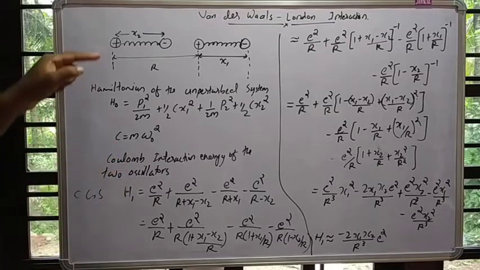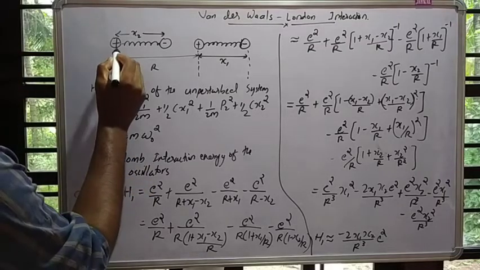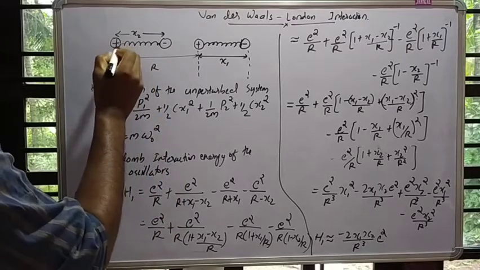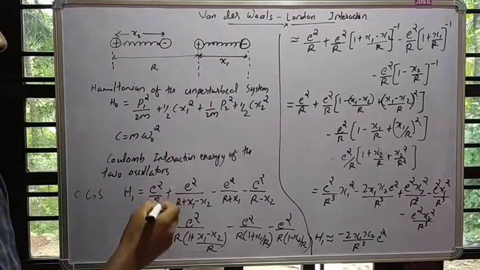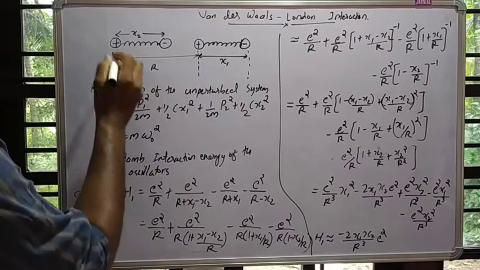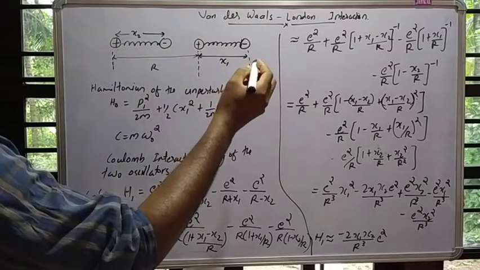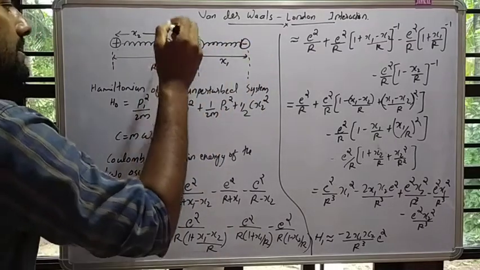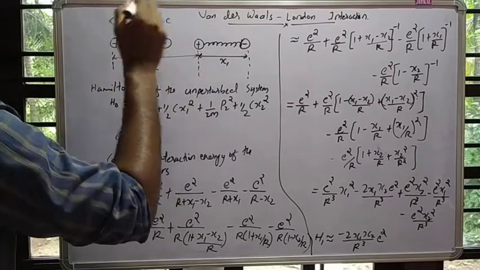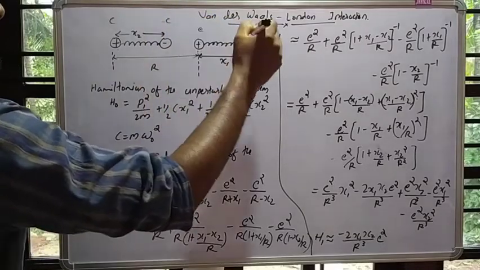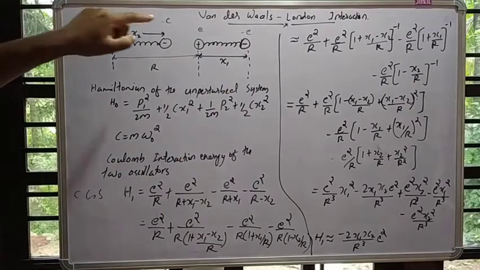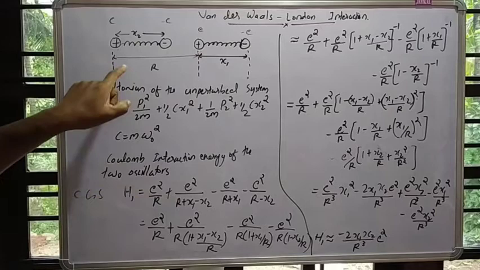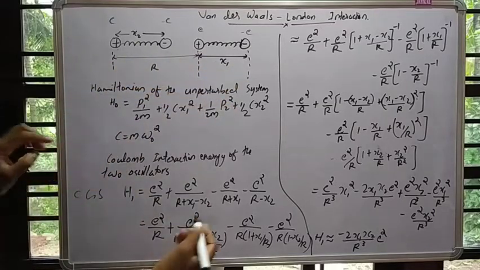So H1 equals E square over R, that is, Q1 Q2 over R, where Q1 is E and Q2 is E. So E square over R plus E into, this charge is minus E, this is positive E, and this is negative E. When we consider the Coulomb interaction between these two charges, it is E square over R plus x1 minus x2.